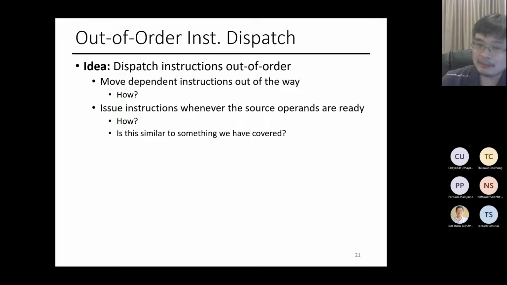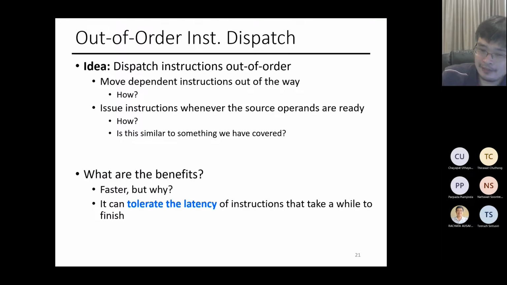How? We can move dependent instruction out of the way and issue whatever operation that has all the source ready, right? Again, the same key concept that you've seen earlier, just rewrapped in this bigger concept of out of order scheduling.